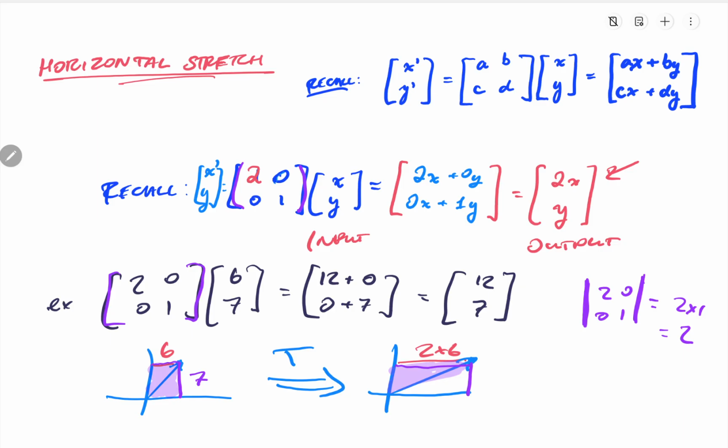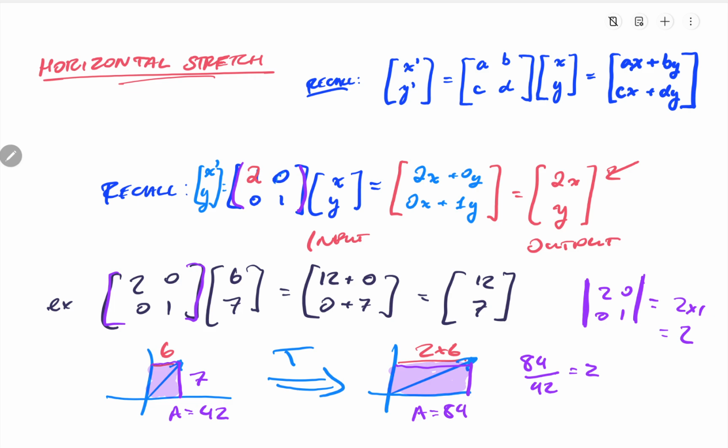With these pretty easy numbers, we can see that the area of this rectangle will be 42, and the area of this rectangle will be 84, and we know that 84 divided by 42 is 2.